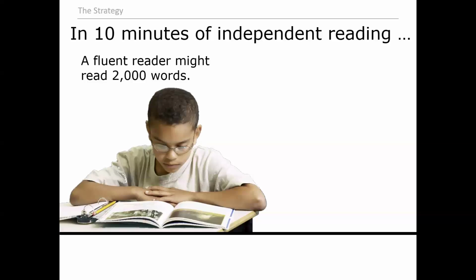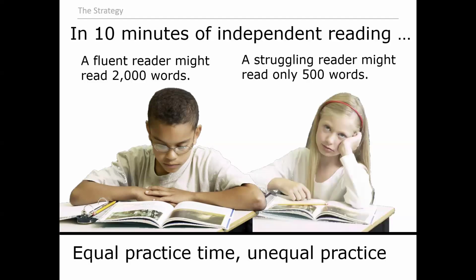In a 10-minute reading period, a proficient reader who reads 200 words per minute silently could read about 2,000 words. In that same 10-minute period, an at-risk student who reads 50 words per minute would only read 500 words. So these two students are spending the same amount of time reading, but they're definitely not reading the same number of words.